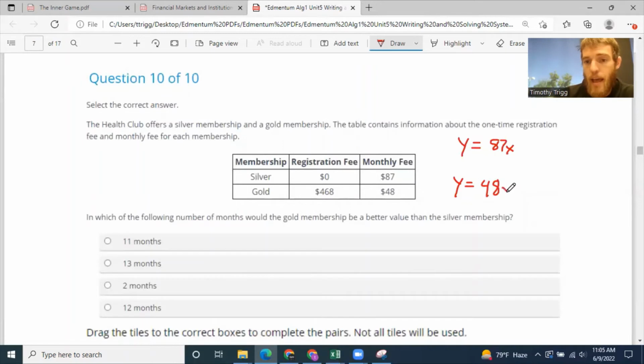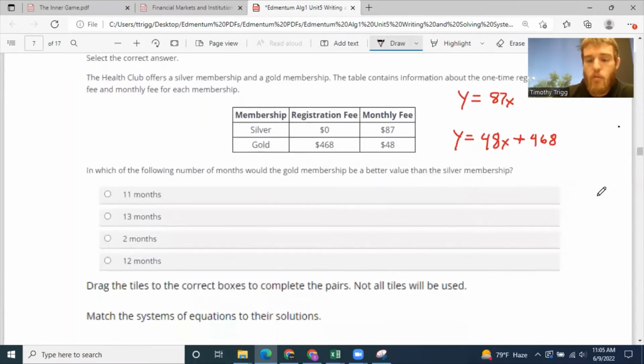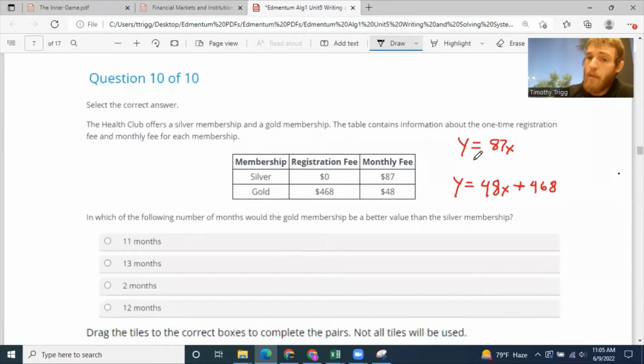So 48x, where x is the number of months, plus there's an upfront fee, so a y-intercept of 468. It's like a starting amount. The y-intercept is oftentimes the starting amount.